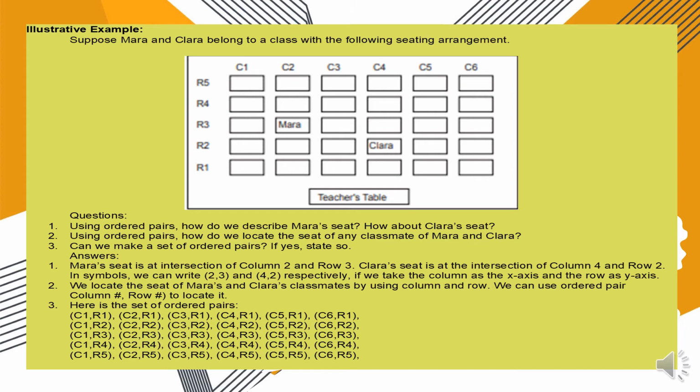So our x value will be the column, and our y value is the row. So for the answer on question number 3, here is the set of ordered pairs.